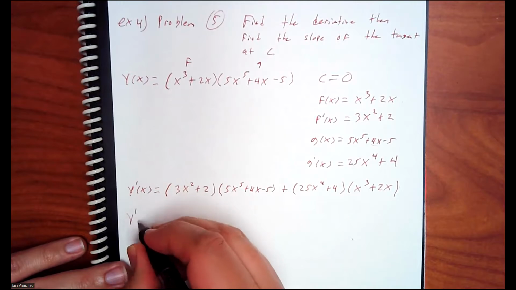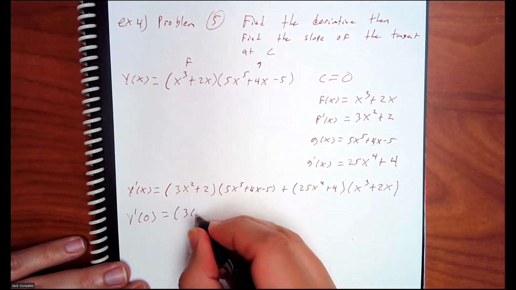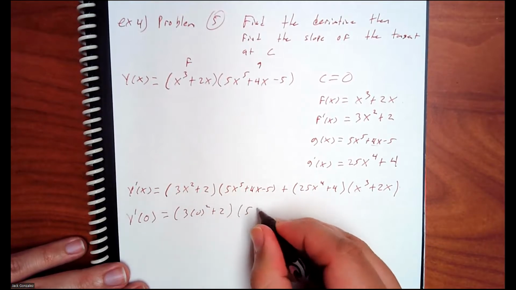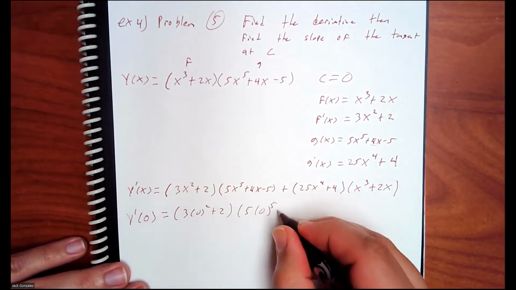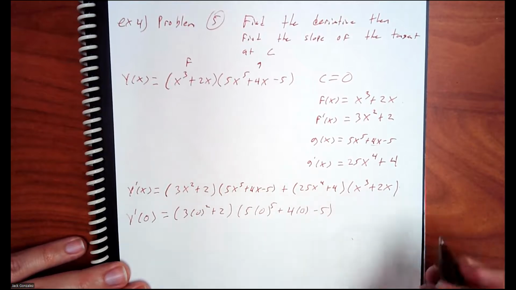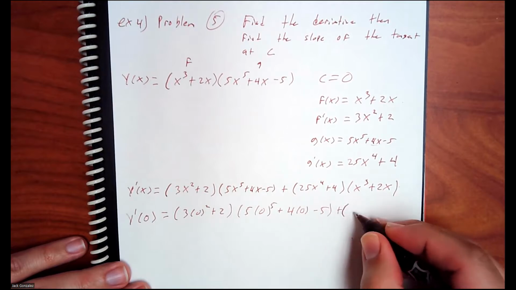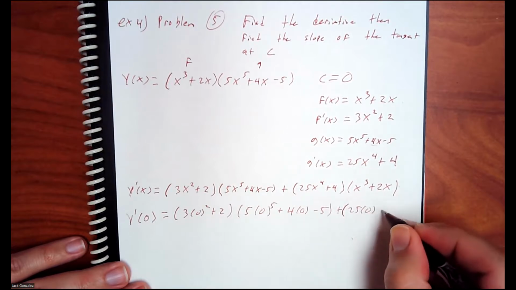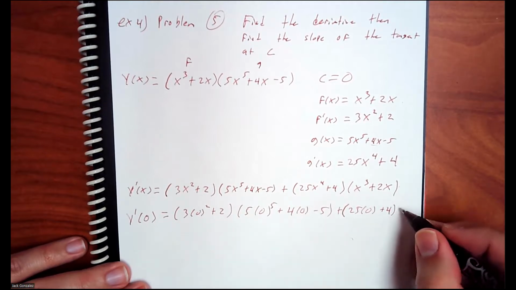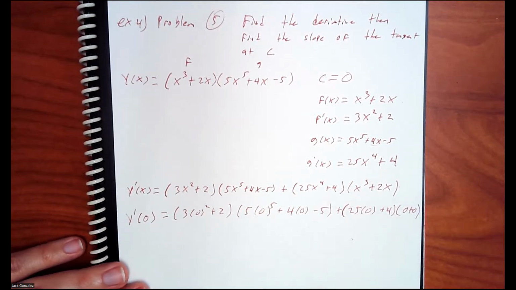So the derivative at 0 will be 3 times 0 plus 2 times 5 times 0 plus 4 times 0, plus 25 times 0 plus 4, times 0 plus 0. We're out of space, so I'm not going to put the powers.